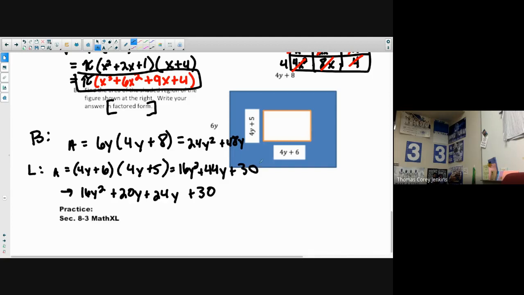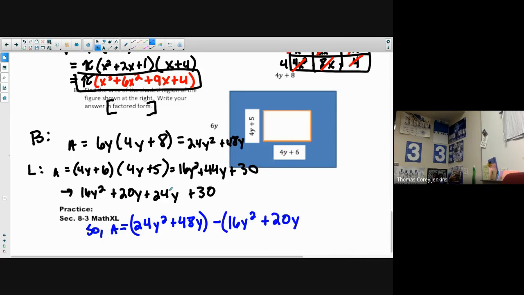Okay, and then so again, we know we want to do big minus little. So this would be 24y squared plus 48y minus 16y squared plus, sorry, 20y plus 24y.